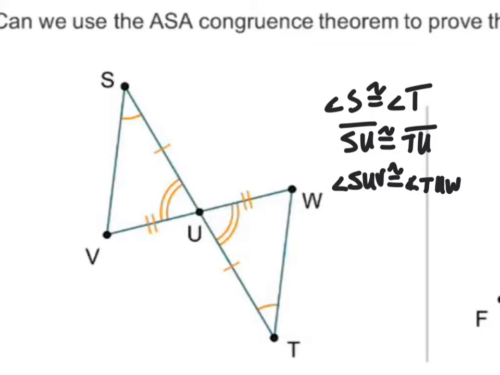Because I have an angle, a side, and an angle, I know that these two are congruent. I have an angle, an included side, and another angle here, and an angle, an included side, and another angle here, to show that these are congruent using angle side angle.